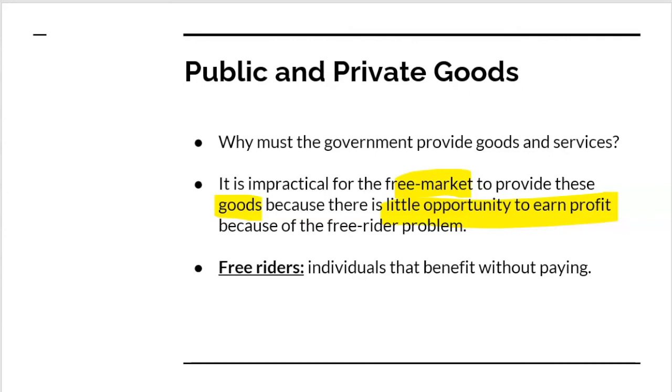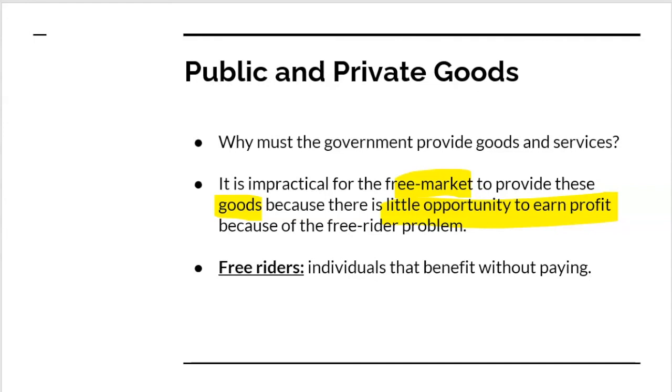So an example are streetlights. It is impractical for private companies to produce and provide that service of street lights. Why? Well, because they can't make a profit. There is no way to turn off the lights for those who don't want to pay for that service or for those who just don't pay for that service altogether.